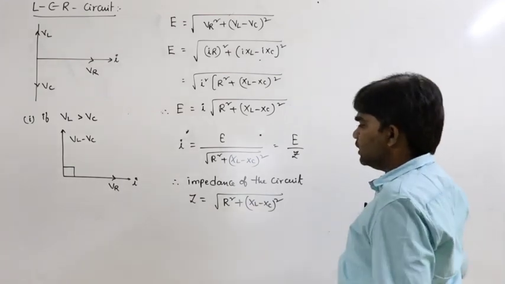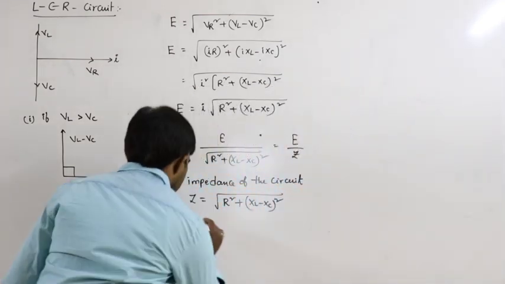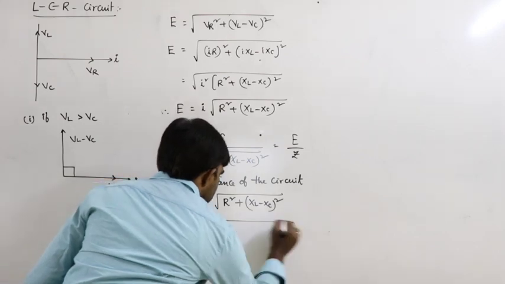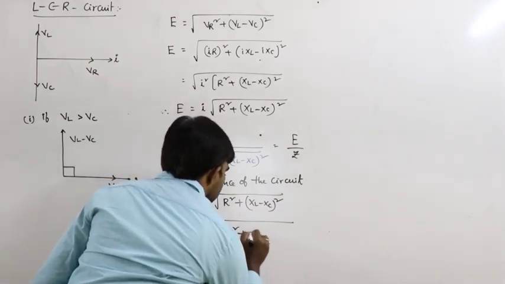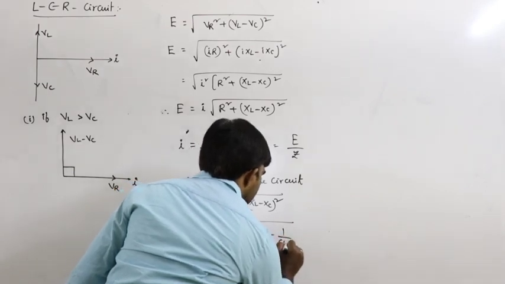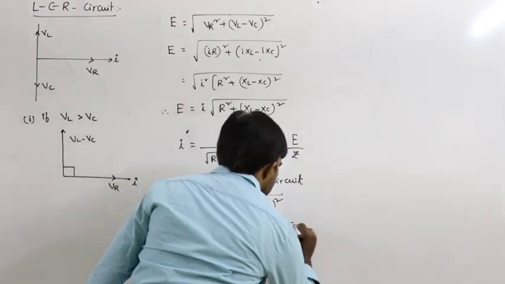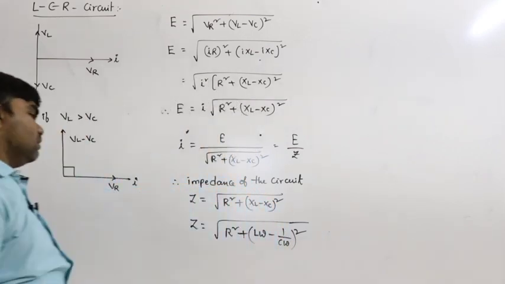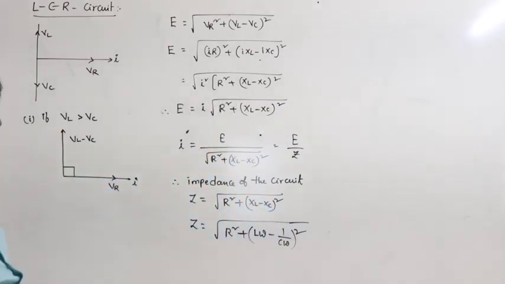So this is the total impedance, and this can also be written as Z is equal to under root R square plus L omega minus 1 by C omega whole square.